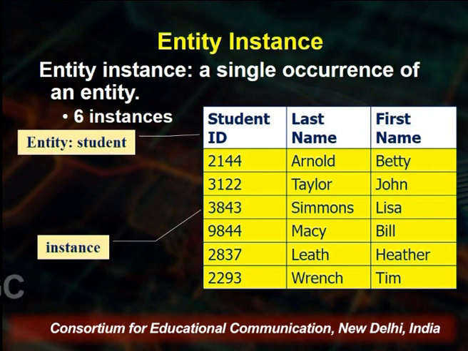One is the student ID 2144, the last name is Arnold, and the first name is Betty. These 3 fields together qualify as one entity, also known as an entity instance. A single occurrence of an entity is an entity instance, and in this particular table there are 6 instances.